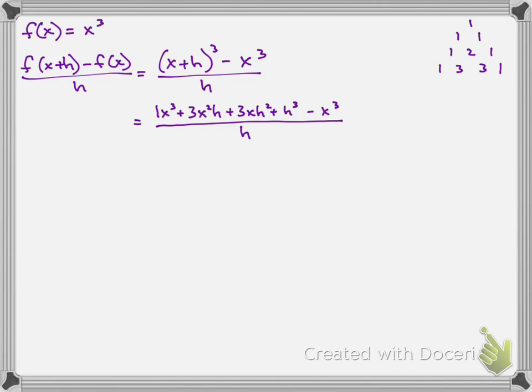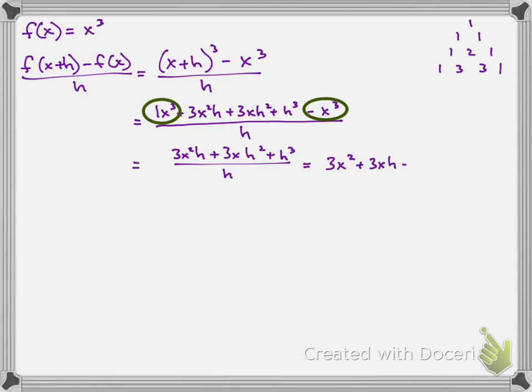Now, as it did with all of our polynomial expressions or functions that we worked with yesterday, the non-h terms are going to cancel each other out, right? The x cubed and the minus x cubed, these two things are opposites, and so they go to 0. And what we're left with is just 3x squared h plus 3xh squared plus h cubed over h, which simplifies to be 3x squared plus 3xh plus h squared.